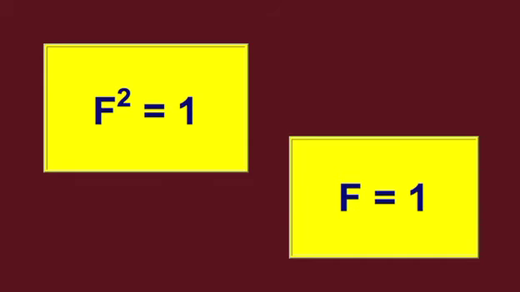Thus, under minimum specific force, the Froude number is equal to 1, that is, the flow is critical.